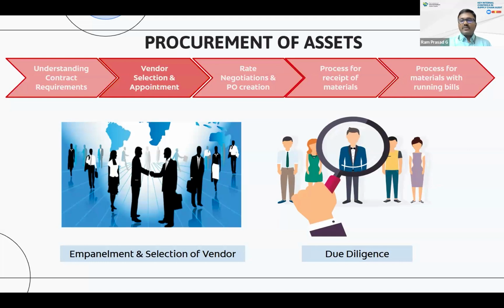Hence, the next important control here is to do proper due diligence before empaneling the vendor into the company's scheme of things. These are some of the areas an organization should have in place. When you are reviewing this area, you have to see whether these processes have been followed before a particular vendor has been empaneled into the organization.